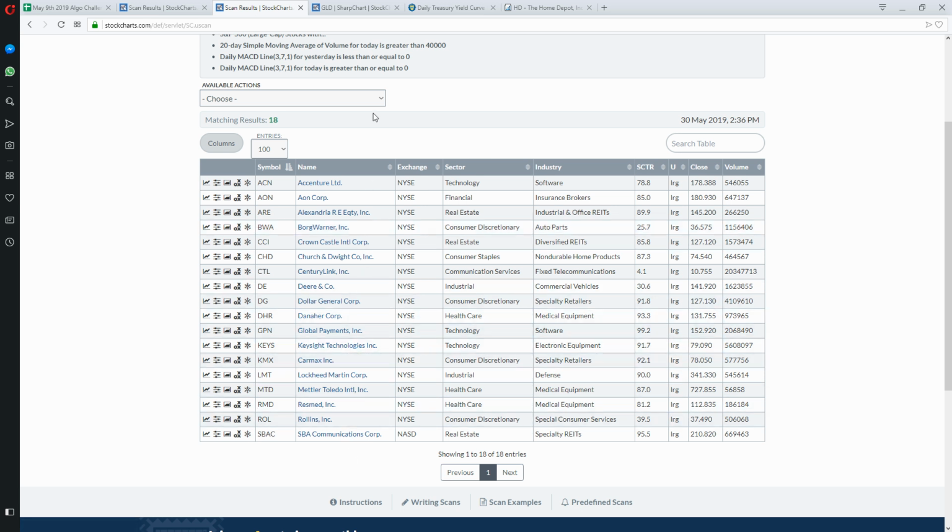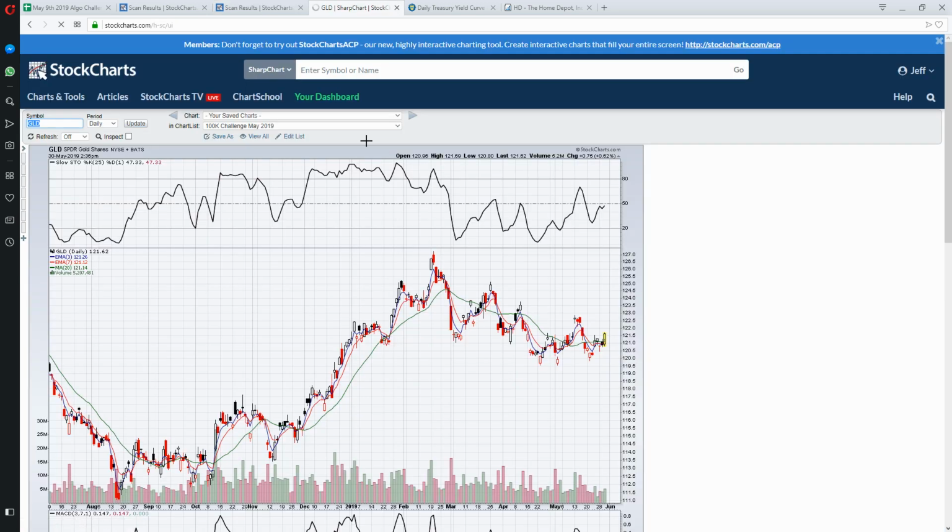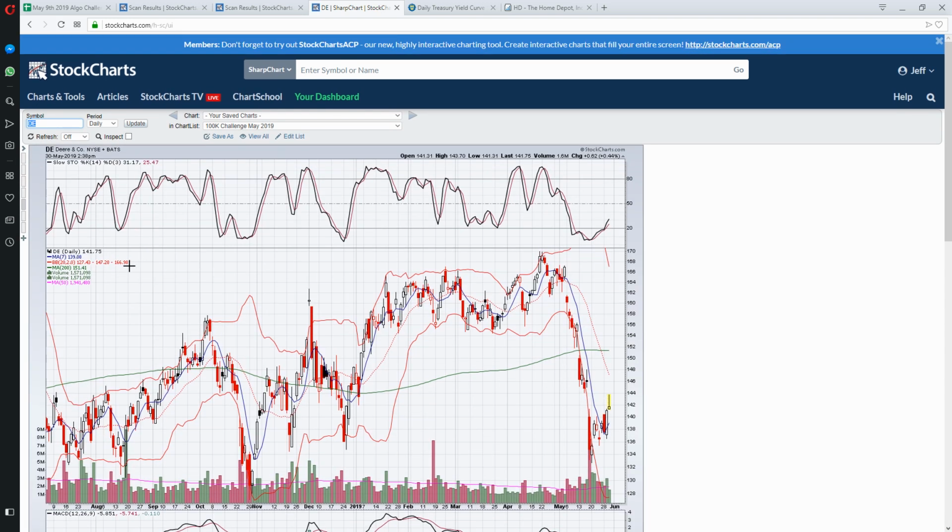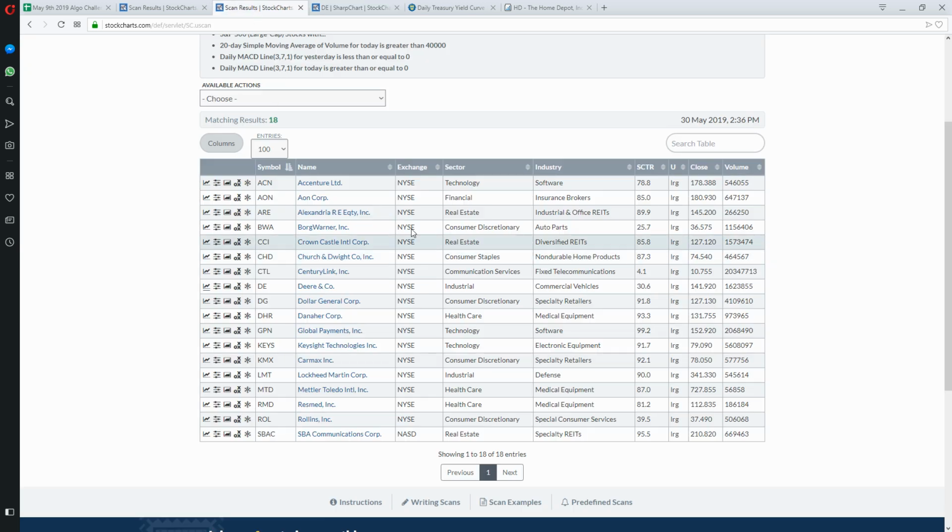But none of these stocks are on the watch list for the challenge. So SBAC Communications, very interesting, especially in light of some of the Sprint T-Mobile merger deal. Deere, that one's interesting. Yeah, finally having a little bounce here in Deere.